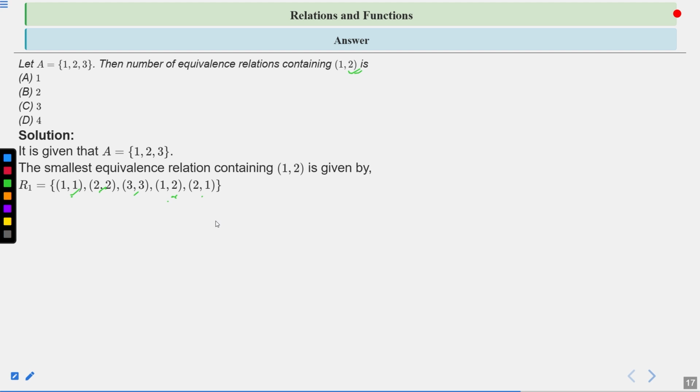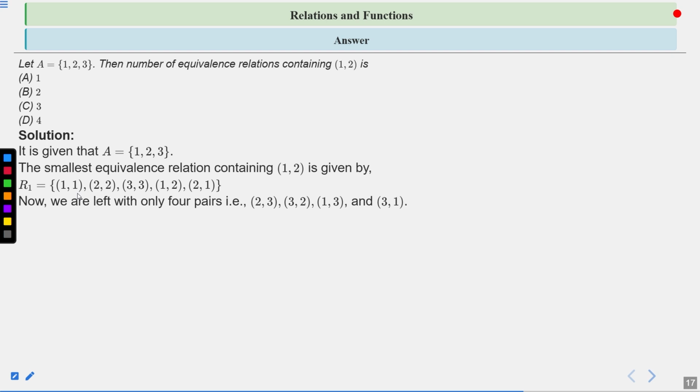Is it transitive? Yes, because if 1 2 and 2 1 are present, then 1 1 must be present, and 1 1 is already present. So it is an equivalence relation. One relation is this one.